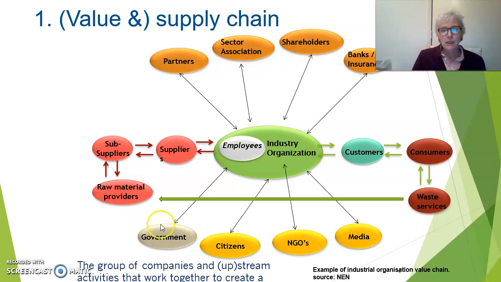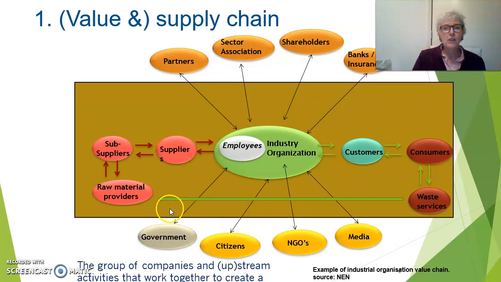The value chain is the part which is highlighted right now. It's the whole process from the raw material to finally the end consumer, who may also consume some services. So in each of these steps, the value is added.